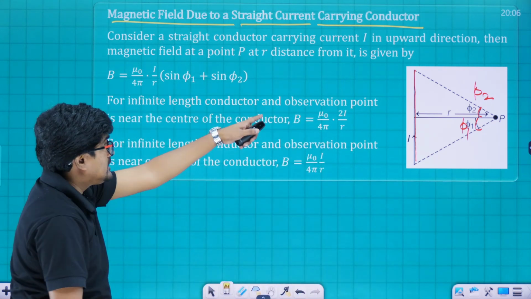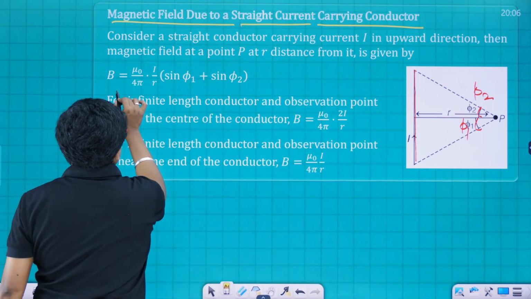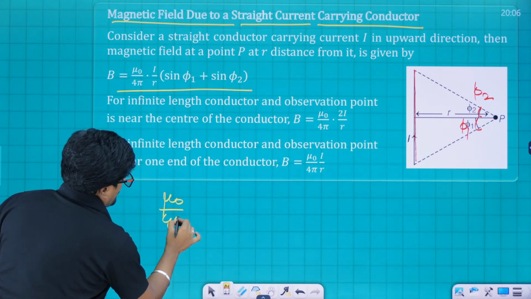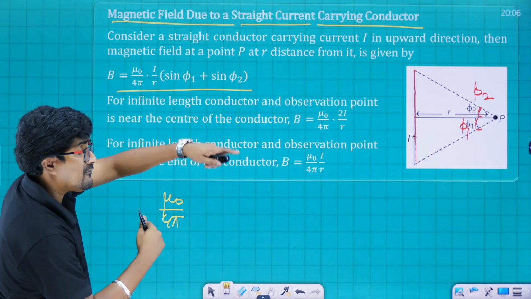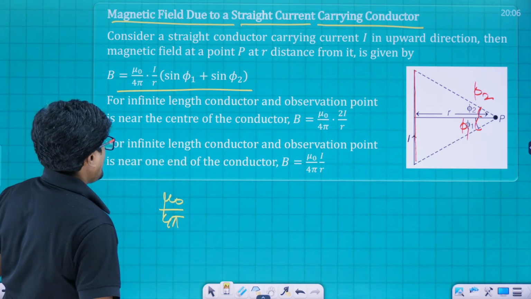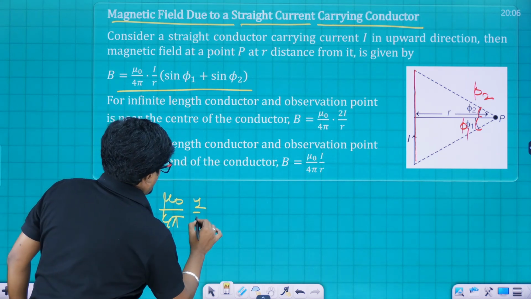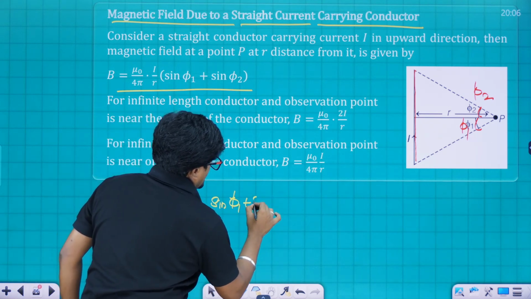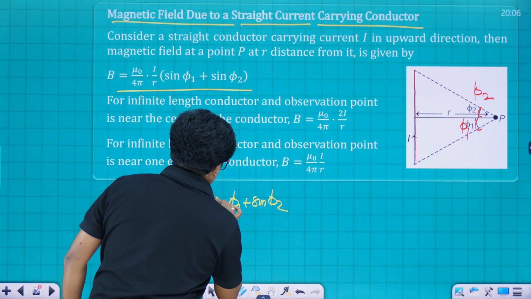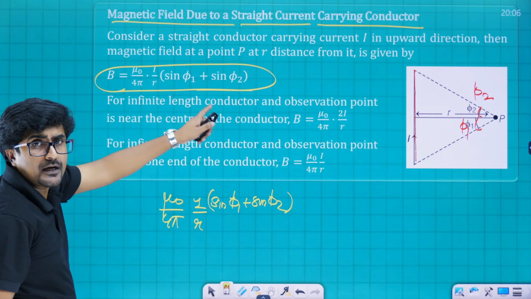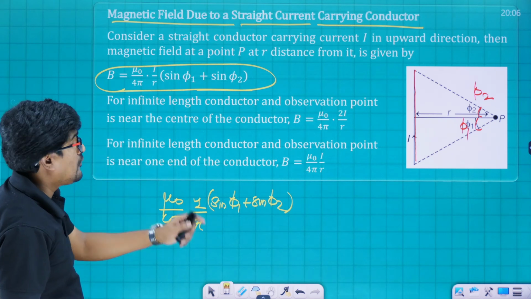In that case the magnetic field is going to be mu naught divided by 4 pi. For that one, it has a finite length, isn't it? So the angle is also fixed, so it's going to be mu naught divided by 4 pi, I by r into sine of phi 1 plus sine of phi 2. We have the same thing here, mu naught divided by 4 pi, I by r into sine of phi 1 plus sine of phi 2.